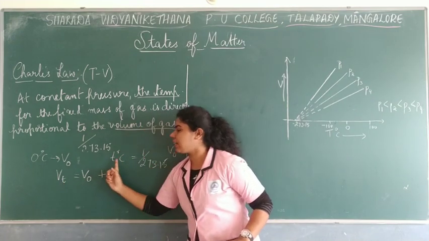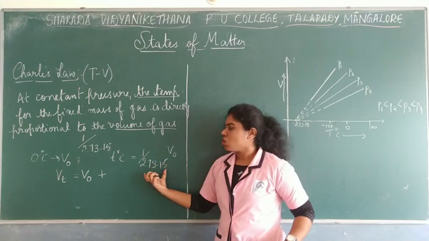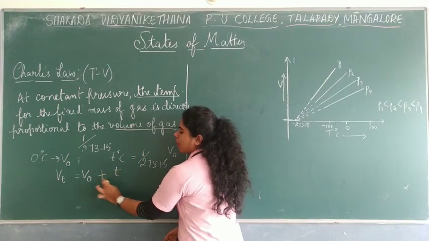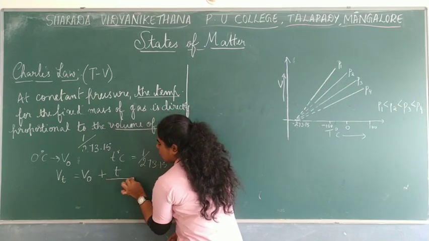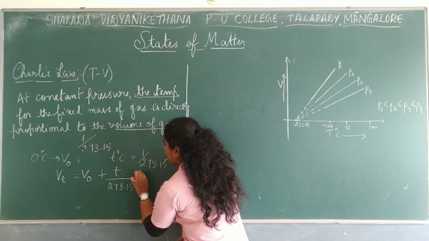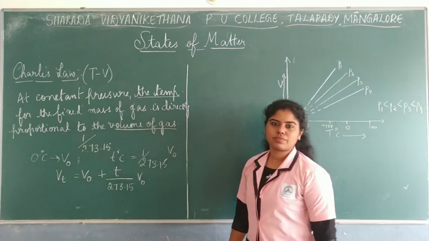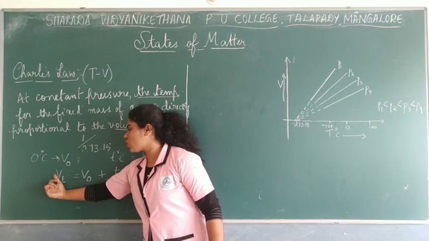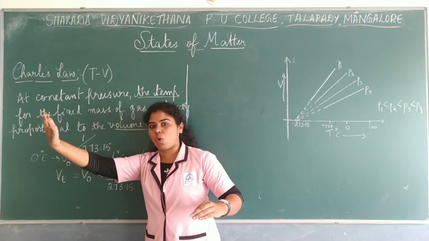Instead of 1, I write it as T by 273.15 of V naught. Understood? So this is how you write the final volume, that is Vt.